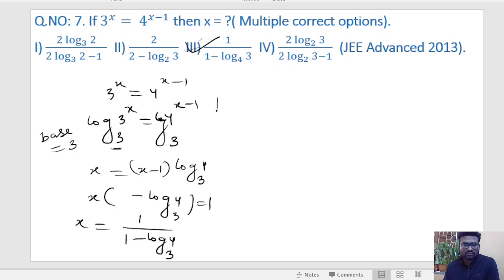Now we take another base, base equals 2, so we can get another result.